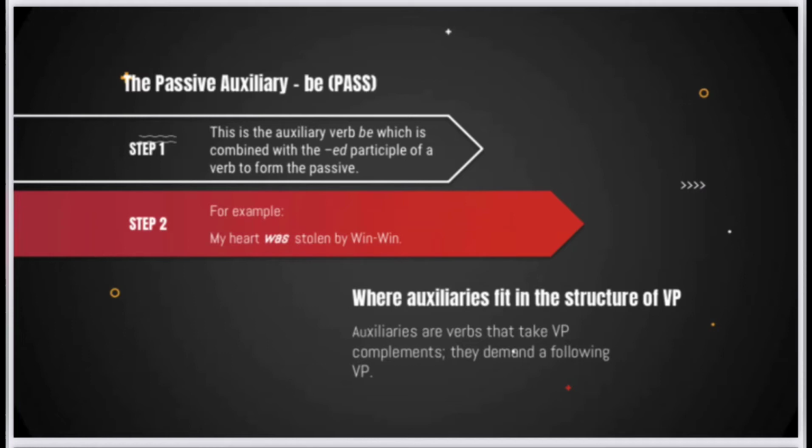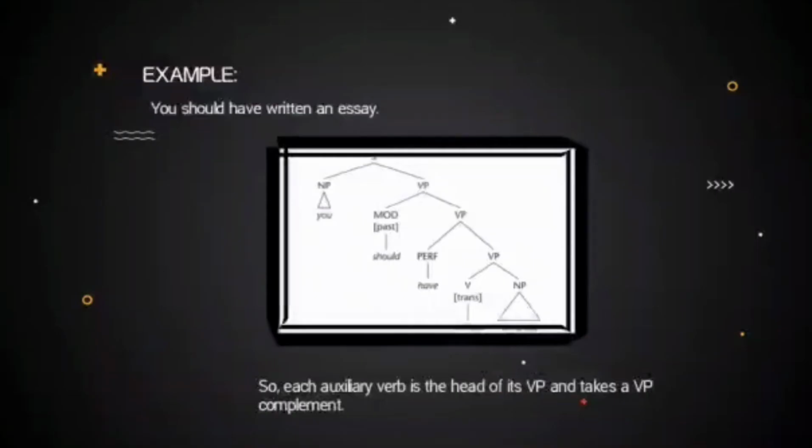Where auxiliaries fit in the structure of VP: auxiliaries are verbs that take VP complements. They demand a following VP. For example, you should have written an essay. The subject is a noun phrase, and there is a verb phrase. You is the noun phrase.